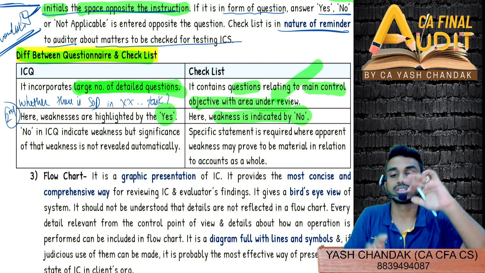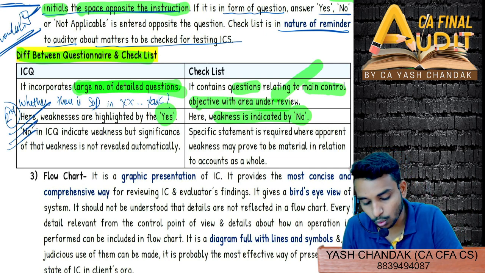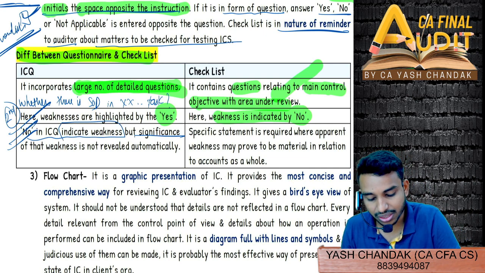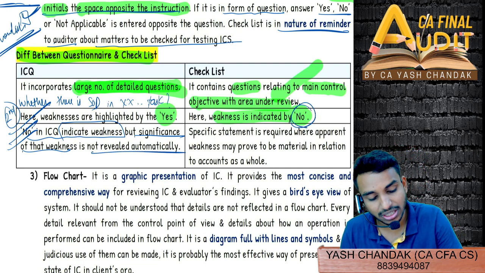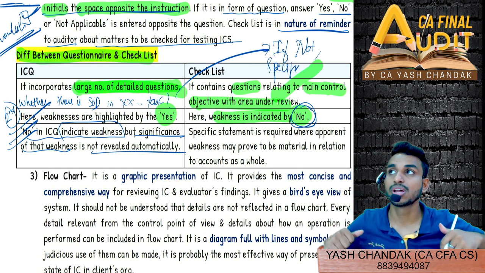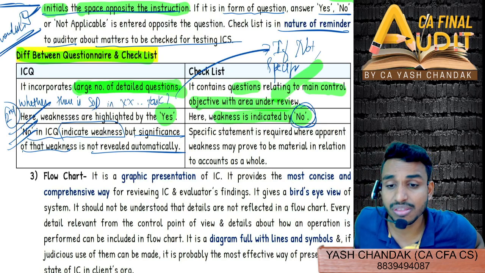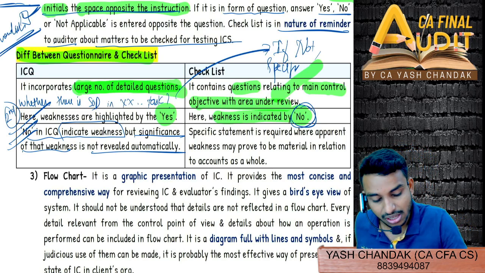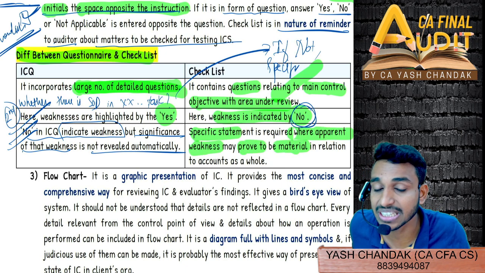However, they have now changed. This is exactly as per the ICAI study material only, right? But now they have changed that no in the ICQ indicates weakness, but the significance of that weakness is not revealed automatically. That means in the checklist, suppose you are mentioning whether there is SOD, and if the answer is no, you also write to specify any alternative mitigating controls, or any other justification for not having the SOD, or any other reasons. That is what the specifying statement requires, where apparent weakness may prove to be material.